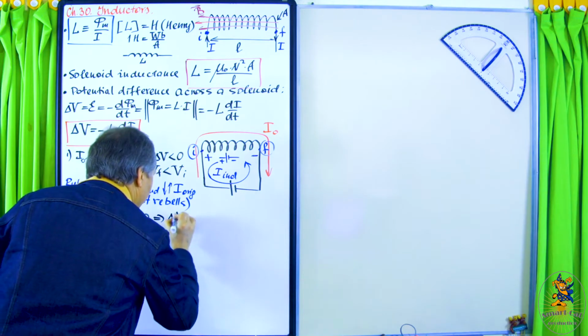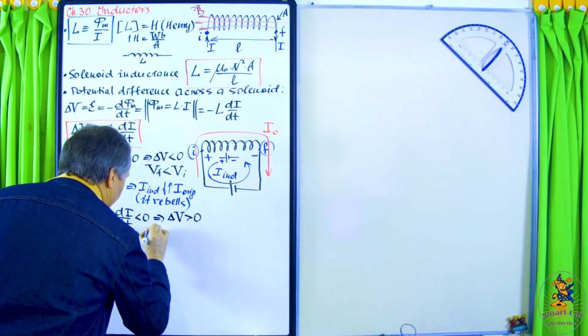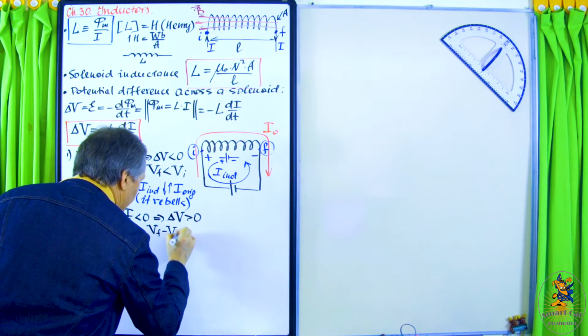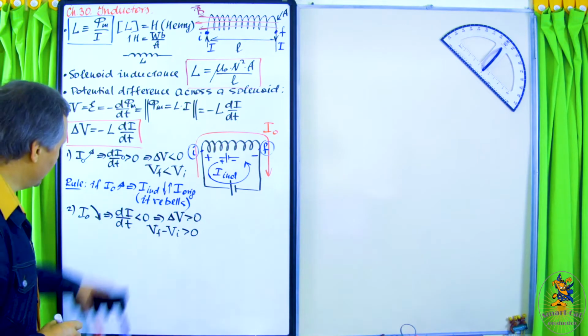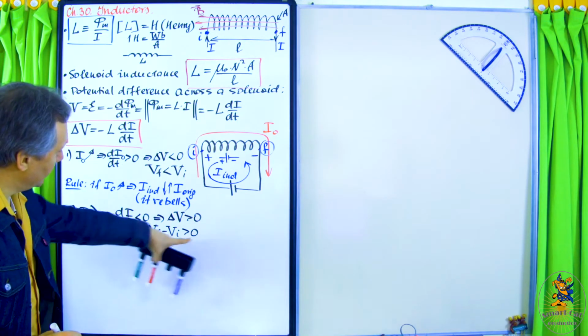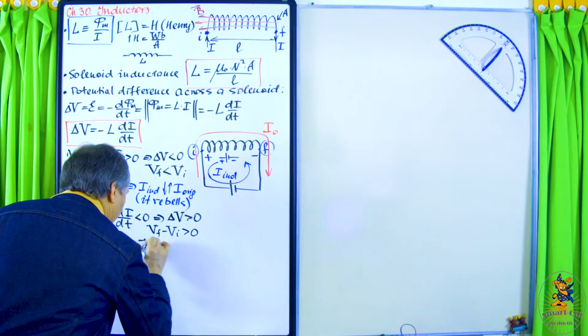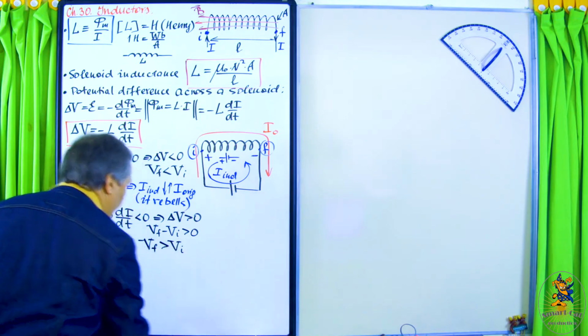And again, what is delta V? It's V final minus V initial, which is positive. It means that V final is larger than V initial, right? So the potential at the final point is larger than the potential at the initial point.